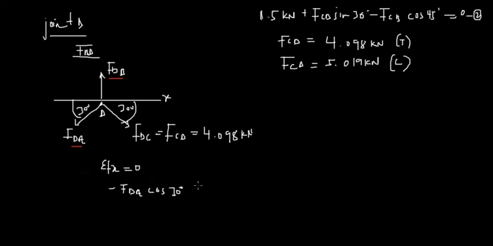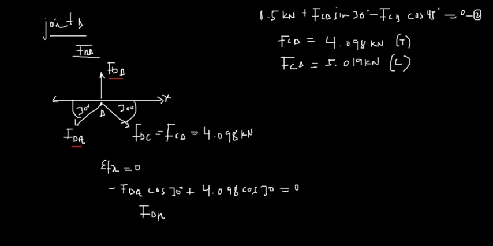And then we have our force FDC, moving in the same direction as the x axis, so plus 4.098 cos 30 degrees. Let's equate that to 0 and then find FDA.